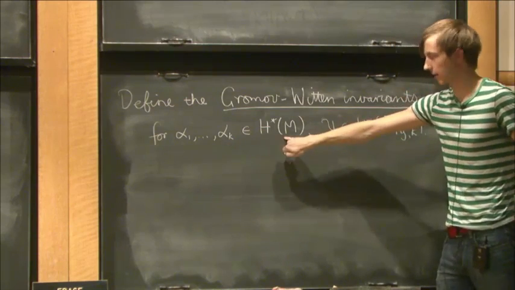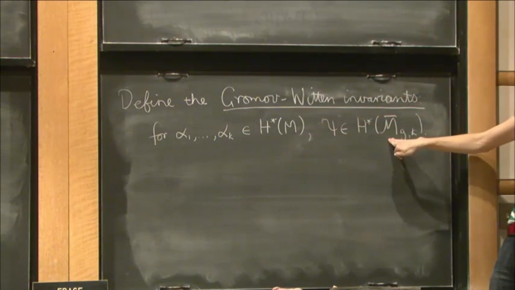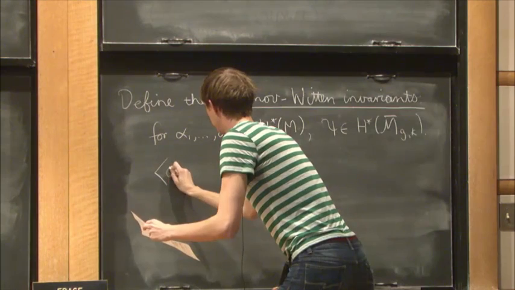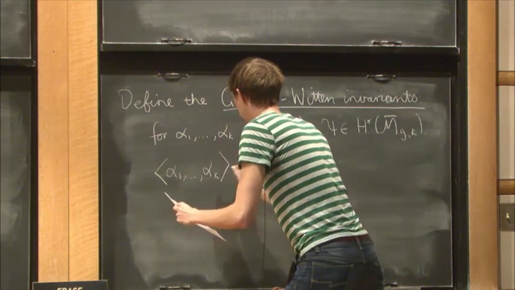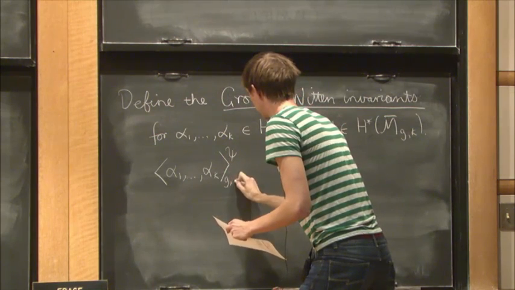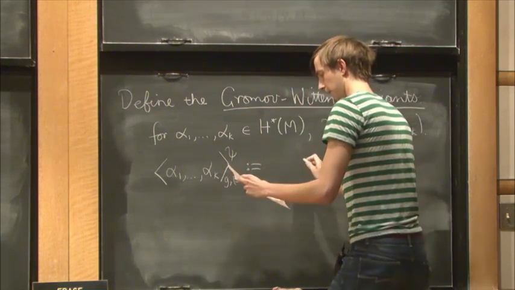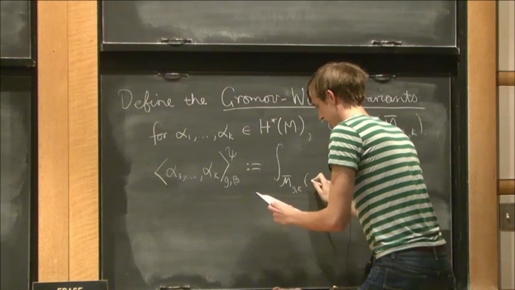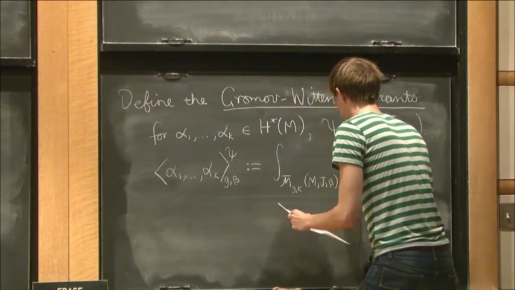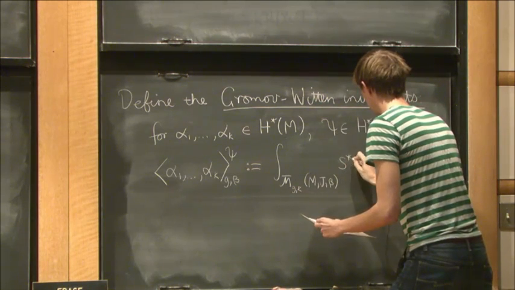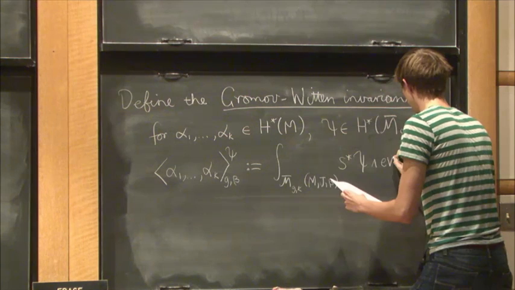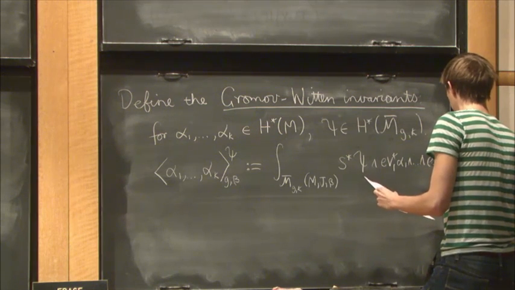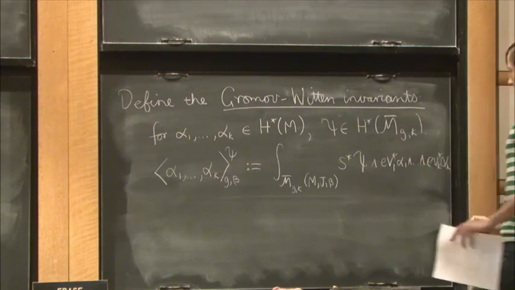Given k classes in the cohomology of our manifold and a class in the cohomology of M-bar g,k, I'm going to define this class. Sorry, sorry for running out of room.